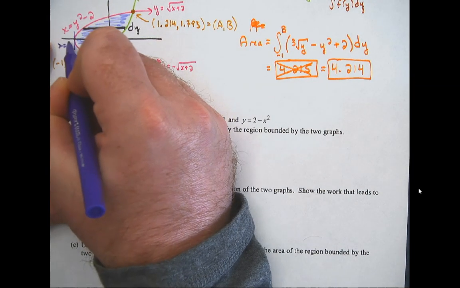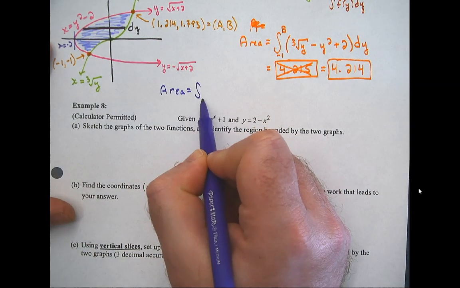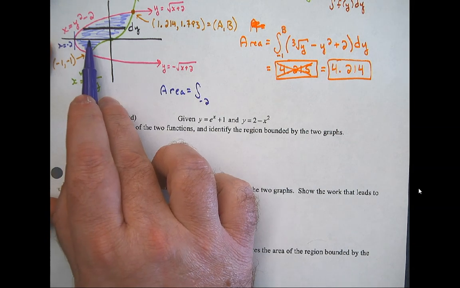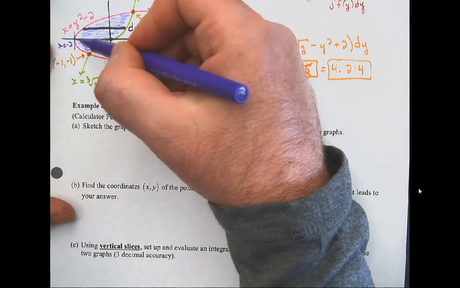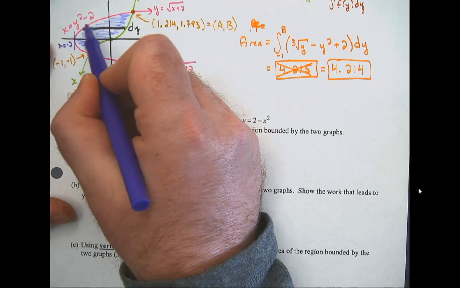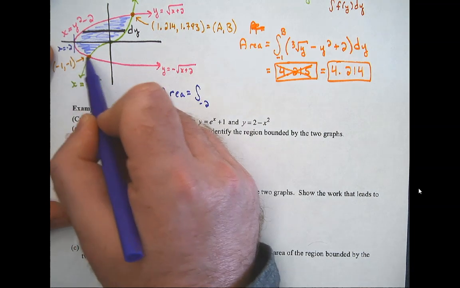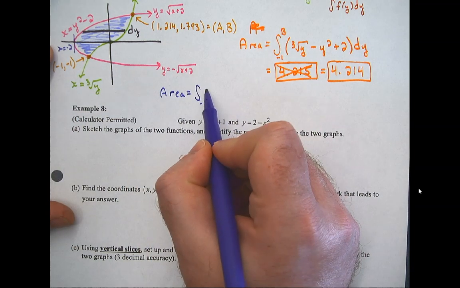X equals -2. So I want to go the integral from -2 until now. Look, you've got to be careful here because we're looking at who's upper and who's lower. Right now the upper is the square root of x plus 2, and the lower is the negative square root of x plus 2.